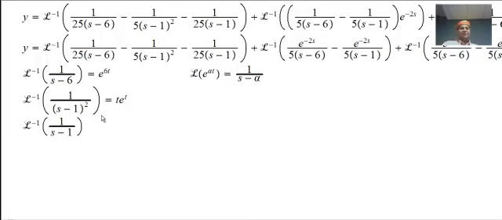Okay, yeah, I'm not that far yet. I'm still here. So help me on this first, and then we will work on this. So that's e to the t. Very good. Now let's work on this guy here. Thank you, Rob.